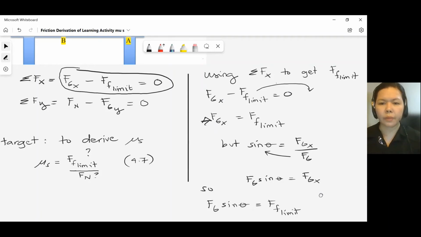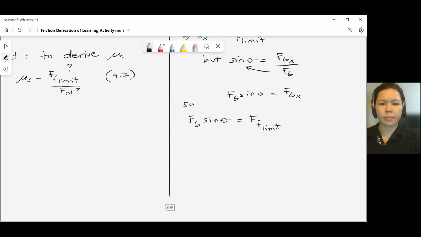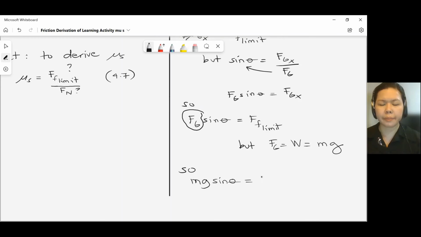But Fg is just the weight, equals mg. So mg sine theta equals FF limit. For now, this is as far as we go with FF limit.